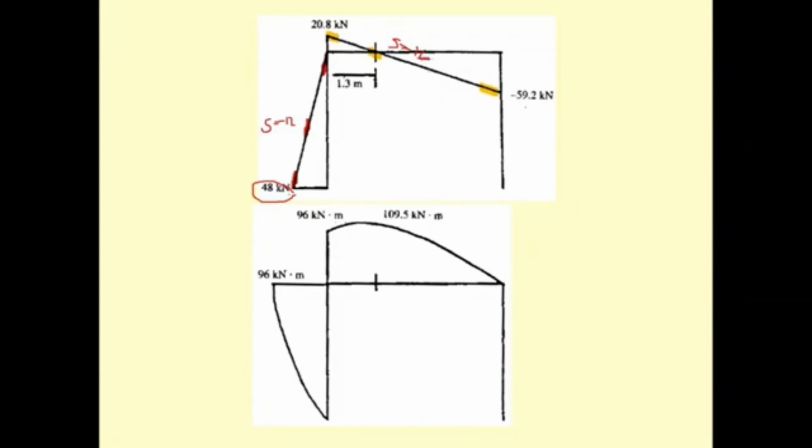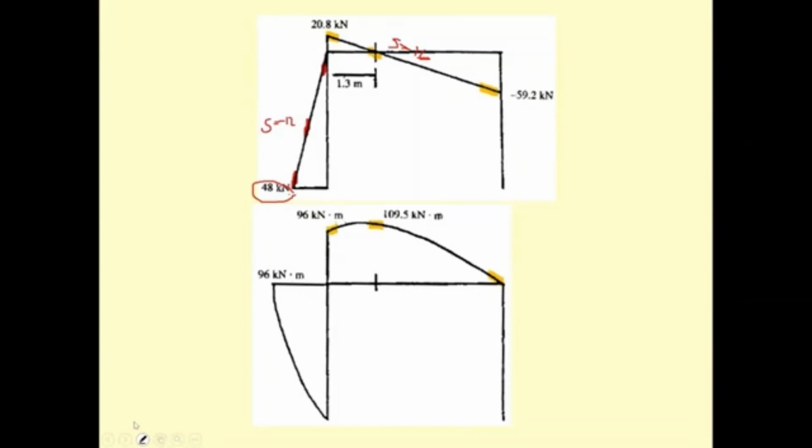Okay, and the column here is okay. And then again, this is going to have the slope of 20.8, and this is going to have a slope of 0, and this is going to have a slope of 59.2.